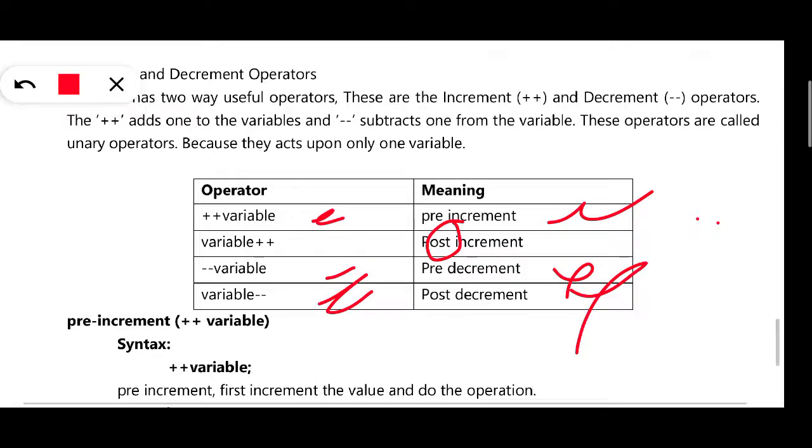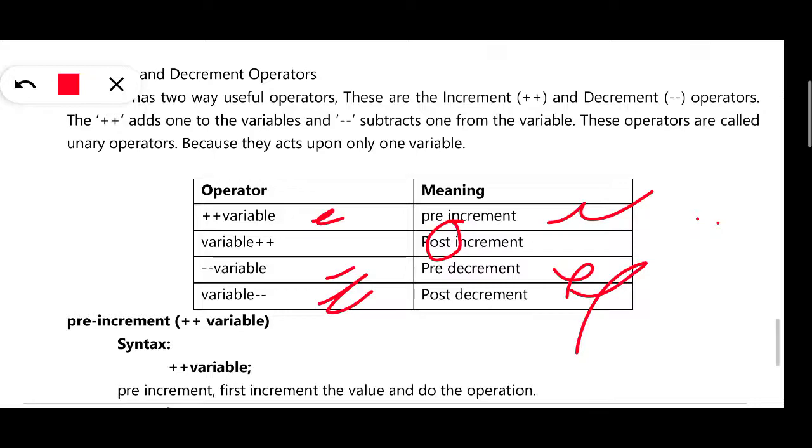Pre increment means first increment, then the variable. Post means first the variable, then increment. Same with decrement: pre means first decrement, then the variable.